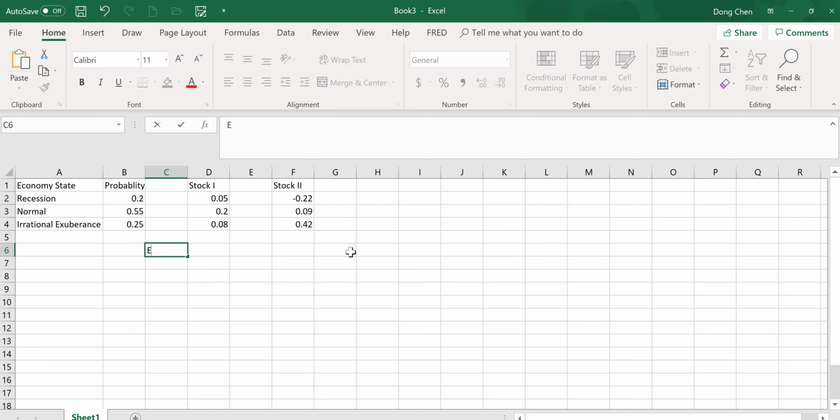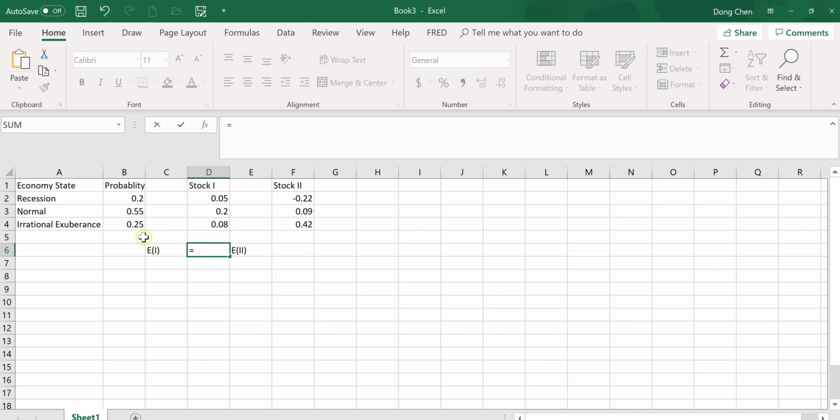Expected return, and so expected return is the weighted average of the returns of individual assets within the portfolio, and the weight is the probability. The expected return for a single security is the weighted average of the returns under different economy states. And the weight is the probability of a specific economy state.